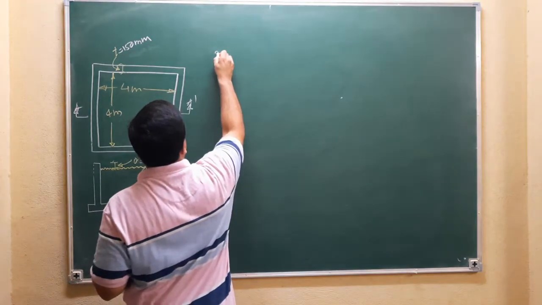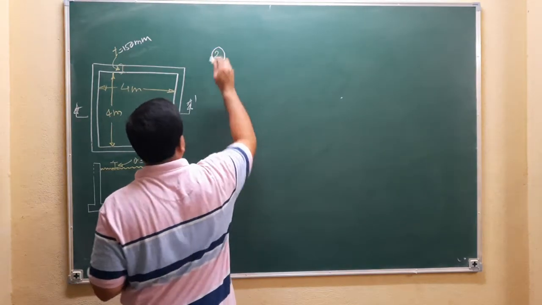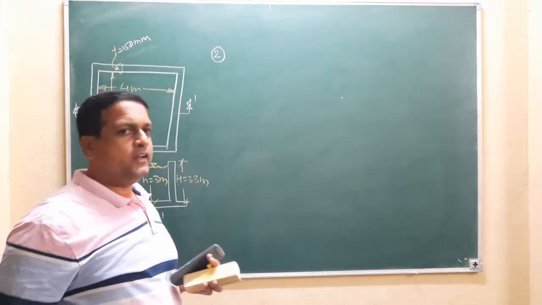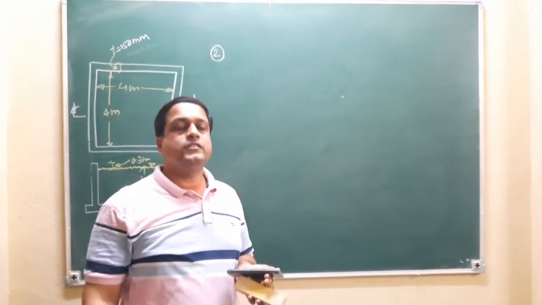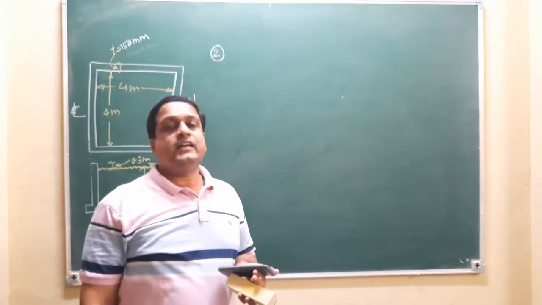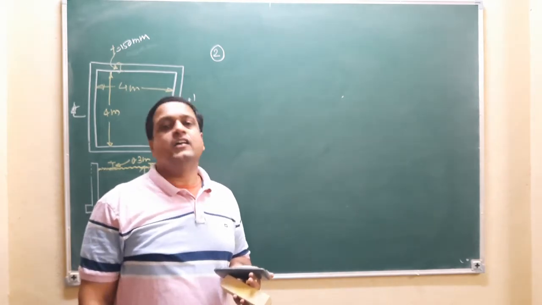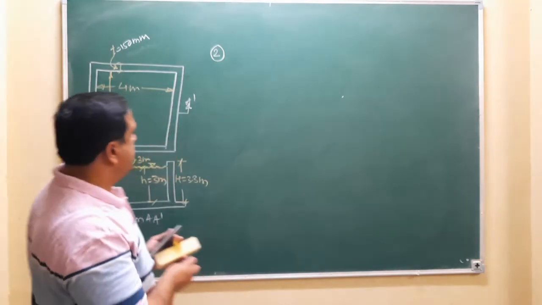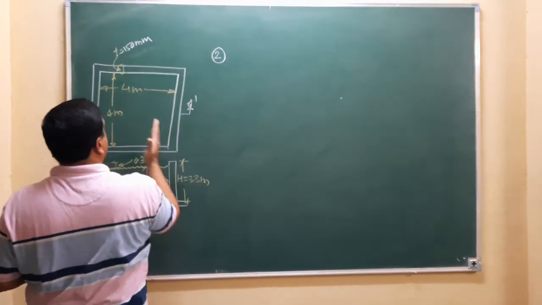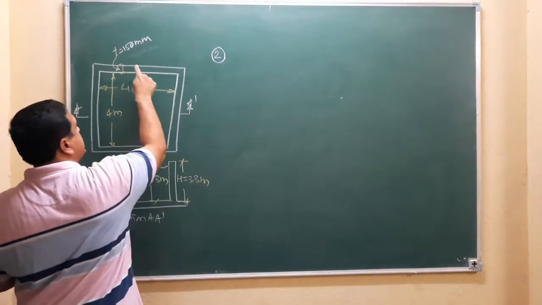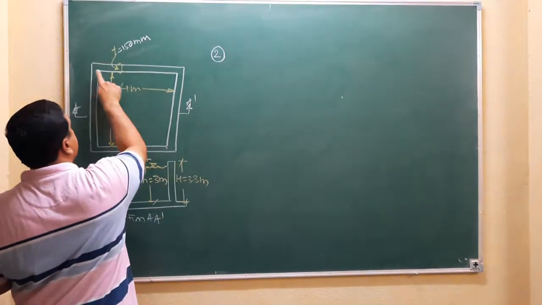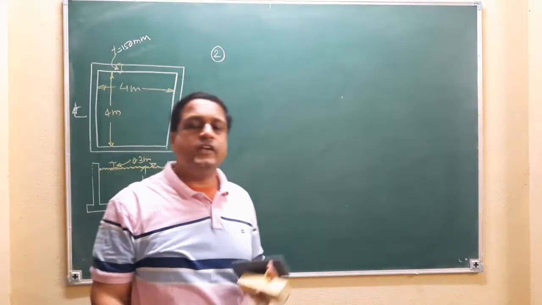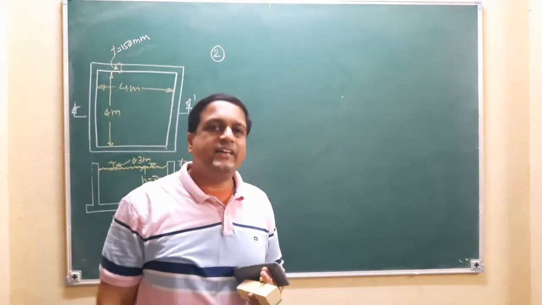Now step number 2. Now you have to design each wall, because here the L upon L ratio is 1, obviously, because this is a square tank. That means each wall is spanning between two adjacent walls.